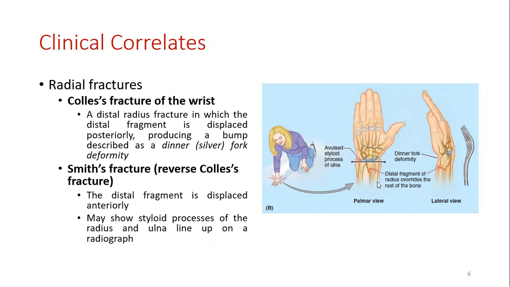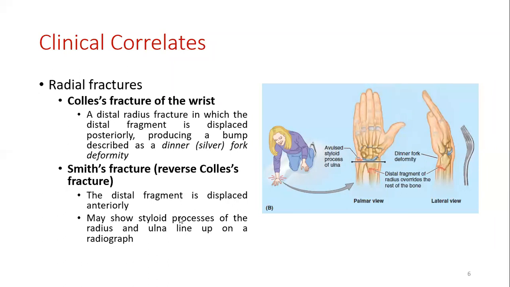So this is the posterior displacement here. And then comparing, here's our dinner fork, and then here's our hand and our wrist. You can see how you get this shape that's similar to the shape of a dinner fork because of the fracture. So that's why they call it the dinner fork deformity.